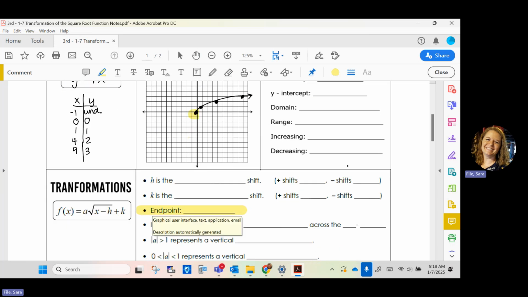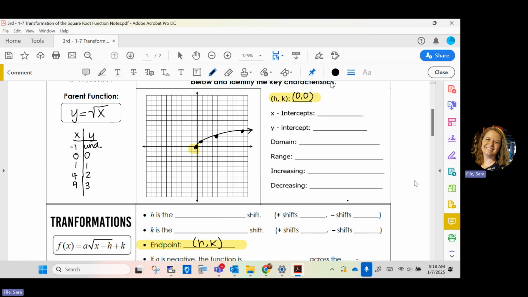It is just your HK value. Go ahead and write that. Okay, so H and K determine the endpoint. Now, for the parent function, that endpoint is at the origin, 0, 0. So what is your x-intercept and y-intercept? Where does this graph cross the x-axis?